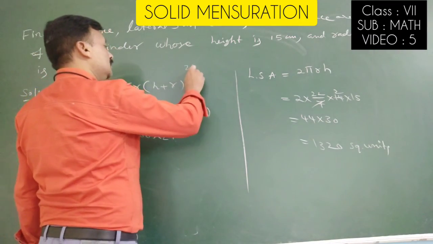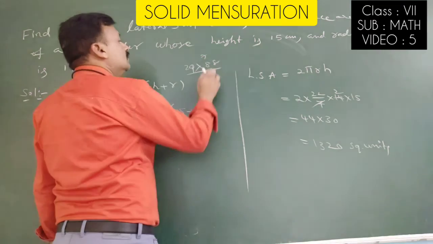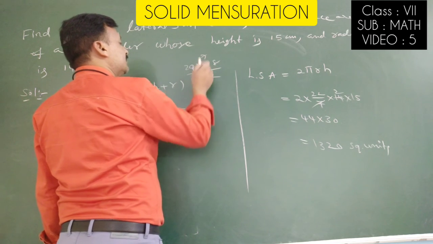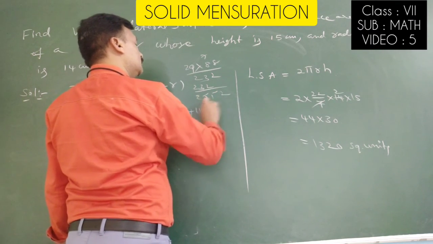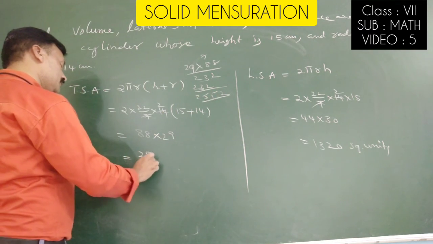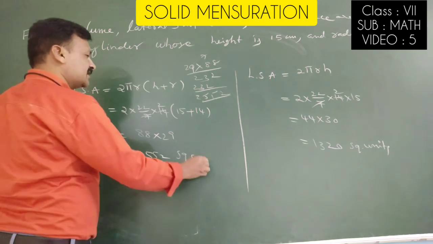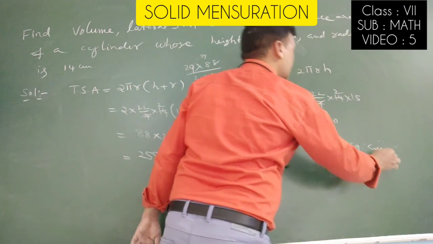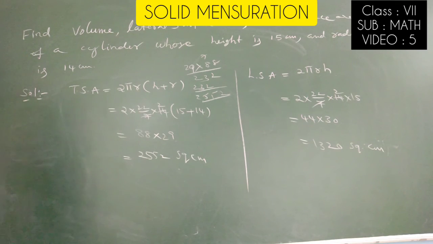Now 29 into 88: 8 9s 72, 8 2s 16 plus 7 is 23, again 232. 2552 square units. Means square centimeters we can directly take, because only centimeters are given. In this way we can find volume, lateral surface area and total surface area of a cylinder.